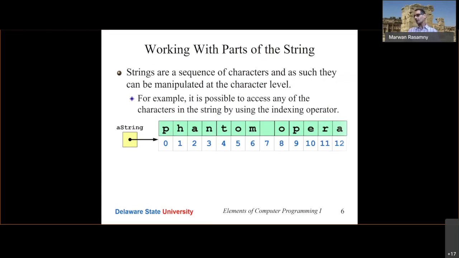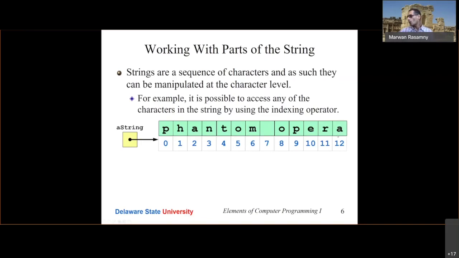The way that works is, let's say I'm representing the string Phantom Opera with a space. I'll do that example. You start numbering the string at the first character as index 0. The next one is index 1, 2, 3, 4, 5, all the way to the end.